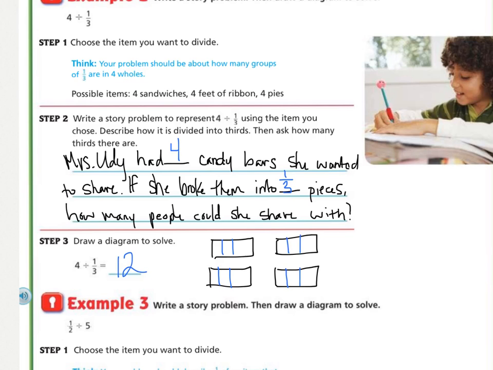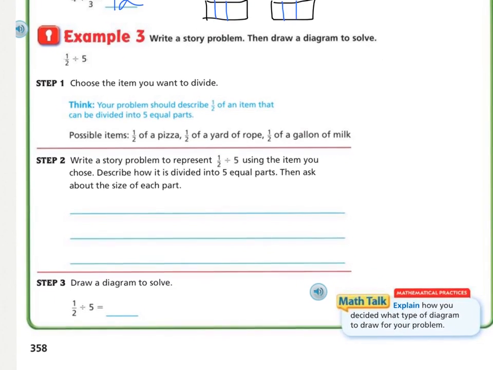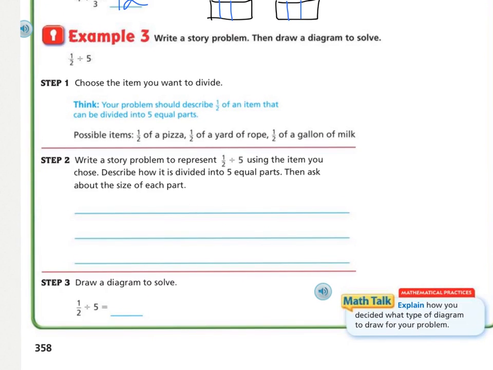So number 3 is going to be the exact same thing. You're going to write a story problem and then draw a diagram to solve it. Only this time, you're going to start with a fraction. You're going to start with a half of something. So if you go back a page, you remember they started with 1/4 of a gallon of orange juice that they were sharing. So what's something that you could start with a half of and then share it or break it up?